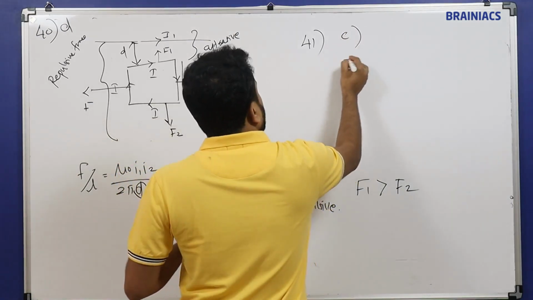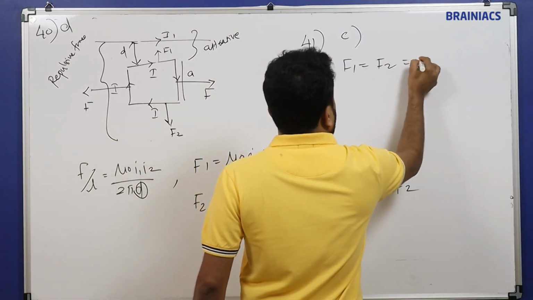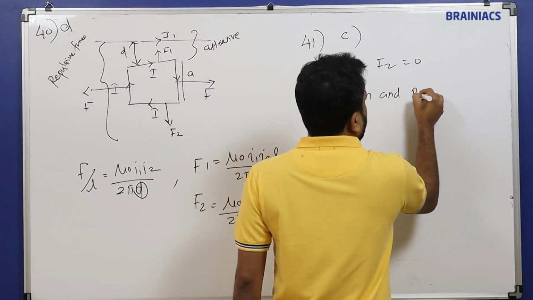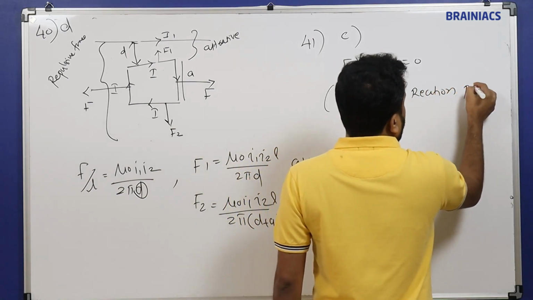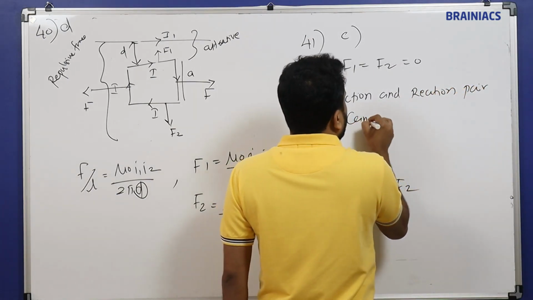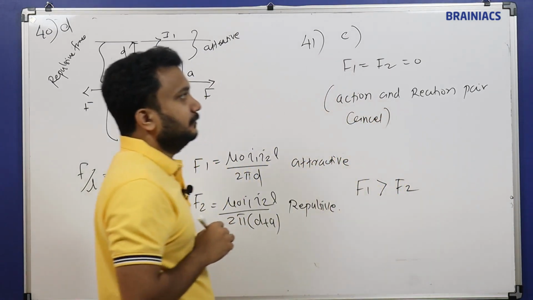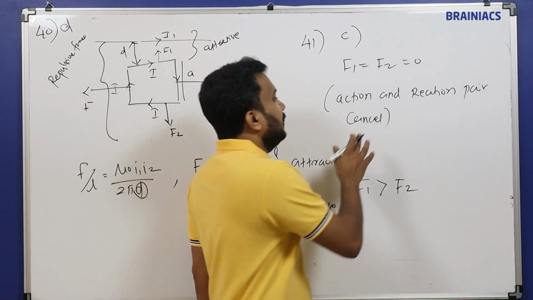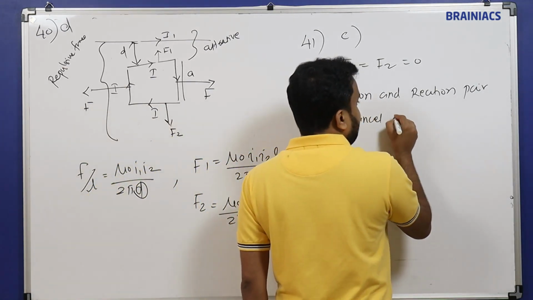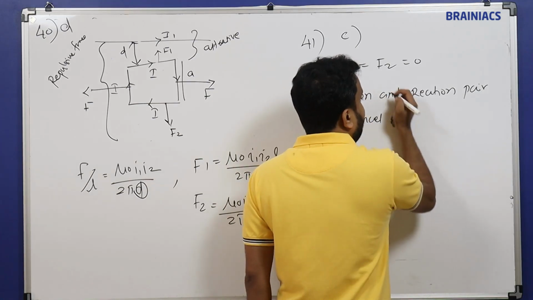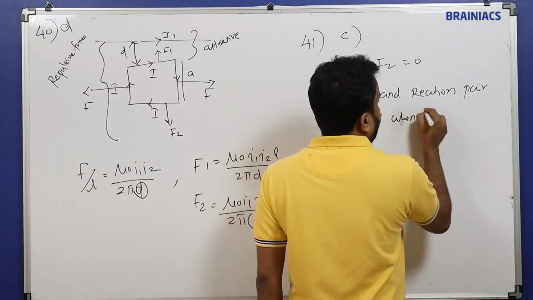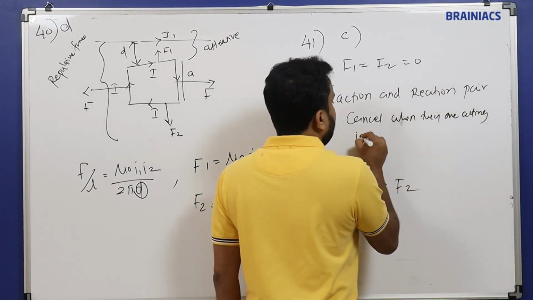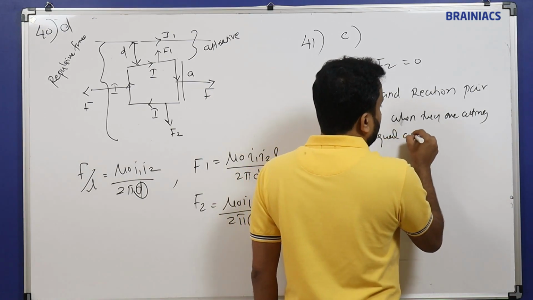The answer is option C. F1 equal to F2 is equal to 0, because the reason is action and reaction. Action and reaction pairs cancel when they are acting in equal and opposite directions.